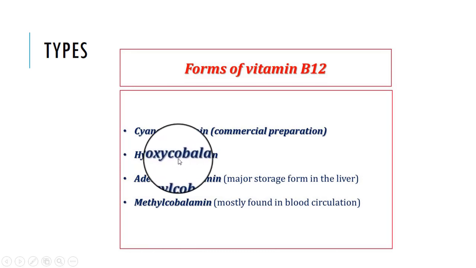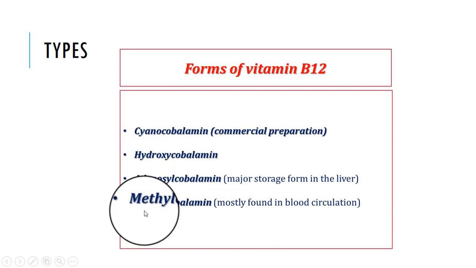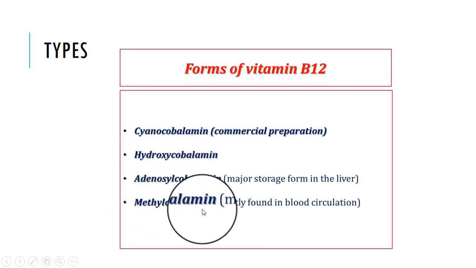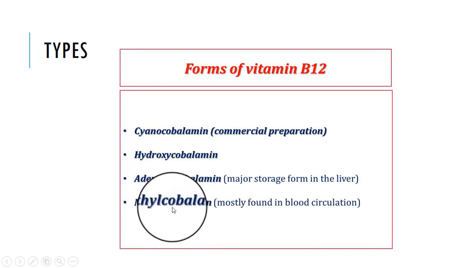Now the third type of vitamin B12, that is methylcobalamin. It is a cobalamin, a form of vitamin B12. It differs from cyanocobalamin in that the cyanide is replaced by a methyl group here.